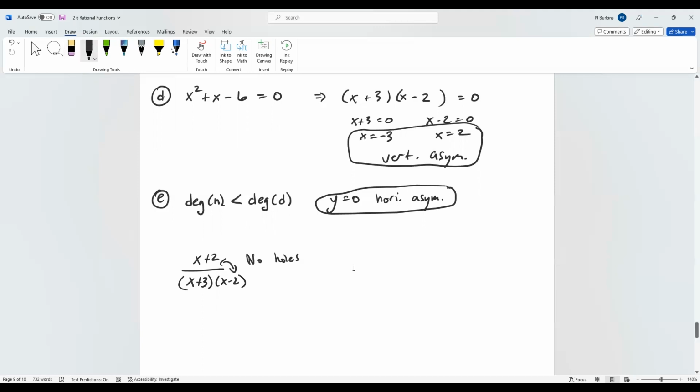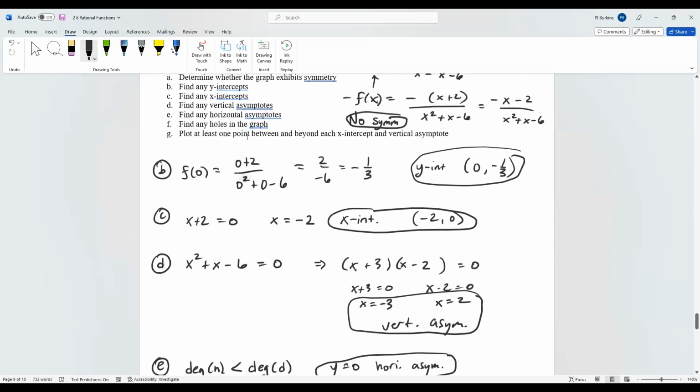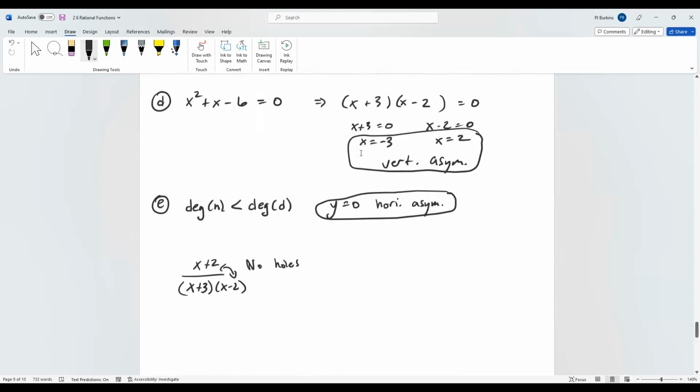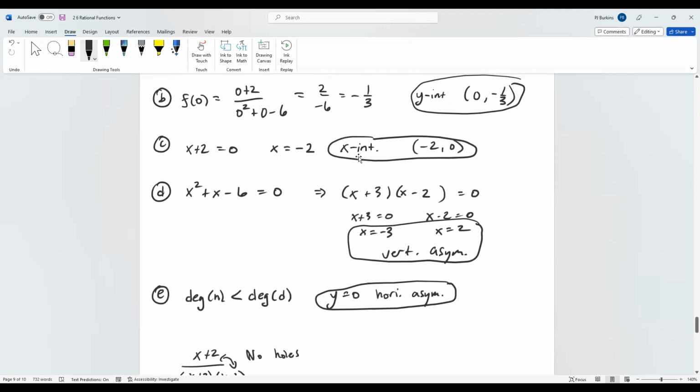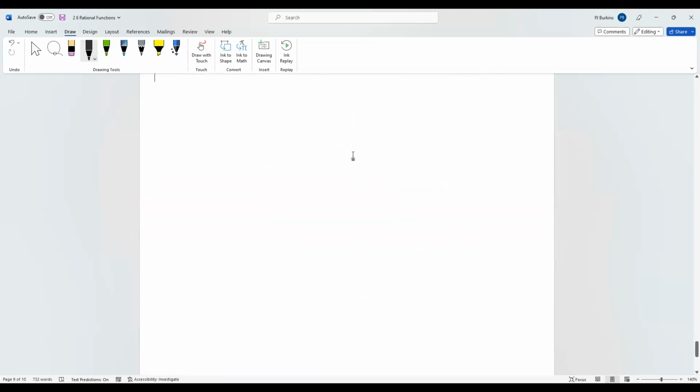Last thing is to plot these on our sketch and then determine if we need any other points. All right, so we go through the point (0, -1/3) and (-2, 0). So let's plot those first. So it was (0, -1/3), so that'd be down here somewhere.